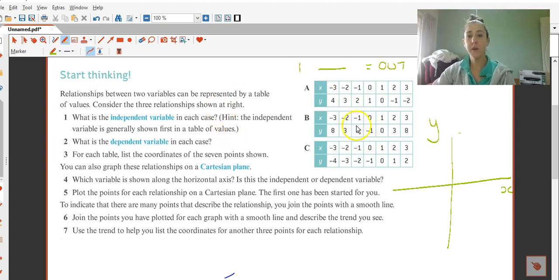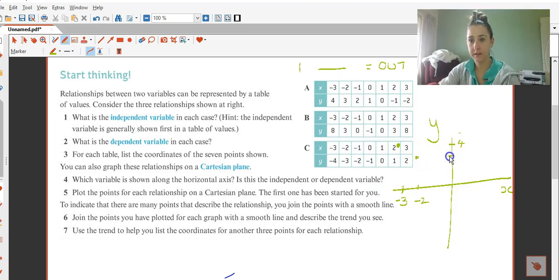So let's go ahead and plot these. So where x is minus 3, so I'm going to say my minus 3 is here. My y is 4. So 4 I'm going to plot up here. So that's my 4. Then I move down to minus 2. So x is minus 2. My y comes down to 3.